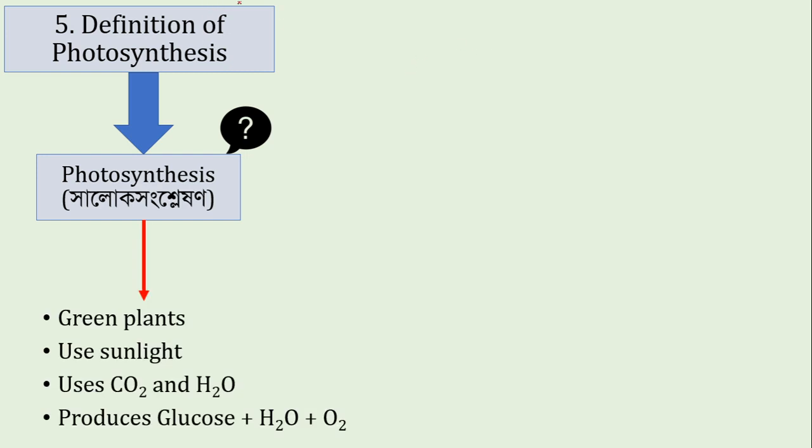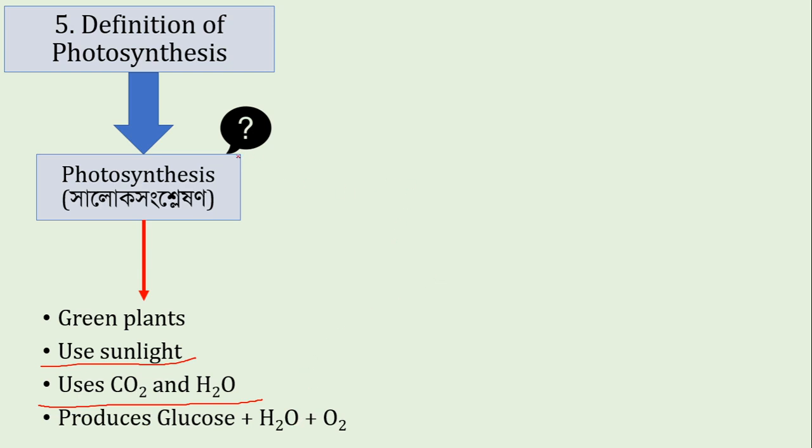So this photosynthesis process is performed in green plants, and the energy provided for this chemical reaction is obtained from sunlight, and it uses carbon dioxide and water as raw materials. As end products, it produces glucose, 6 molecules of water, and oxygen gas as a byproduct.